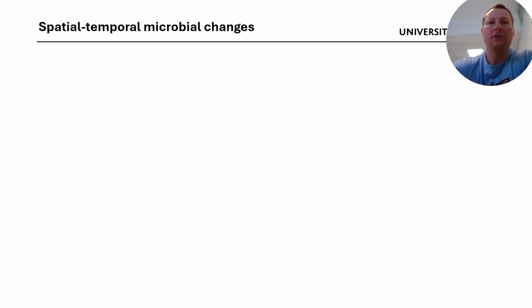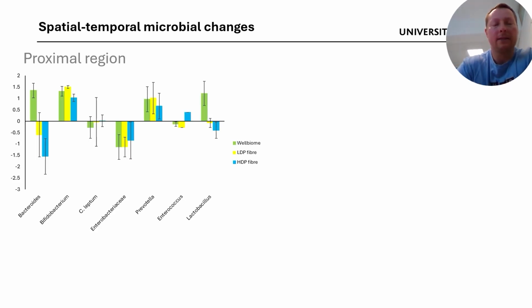And so here we can start looking at the spatial temporal microbial changes. So let me walk you through this graph because it is quite complicated. Once the microbial populations have reached steady state, we've been able to compare the level of the different microbiota species, as you can see here, and compared that to day 14 after we've given 14 days of fiber supplementation in our different models.